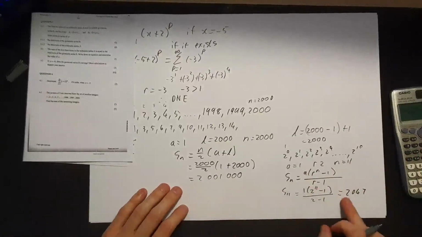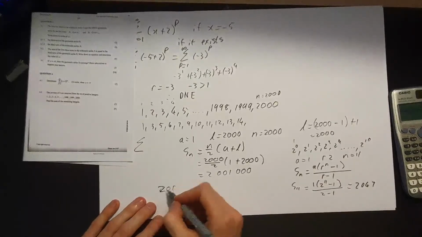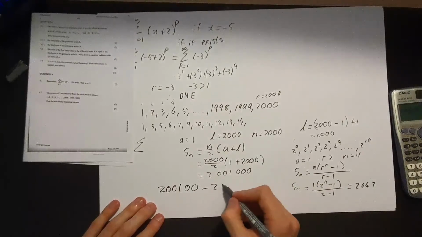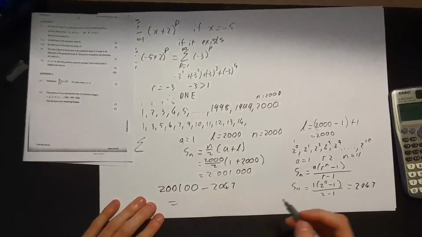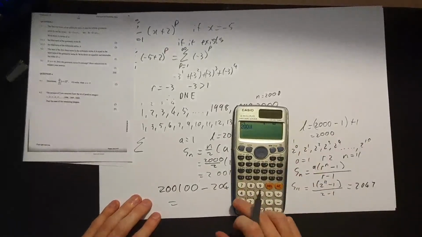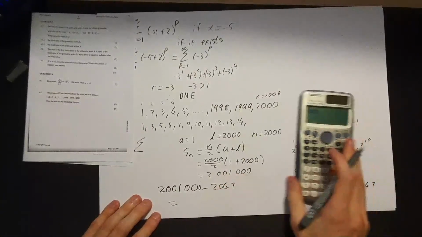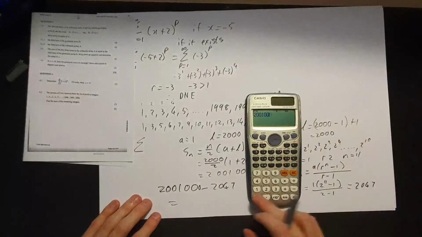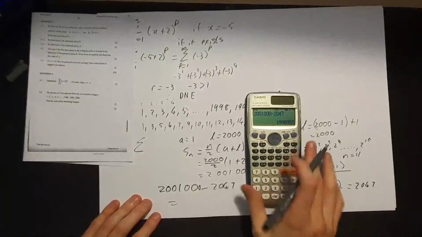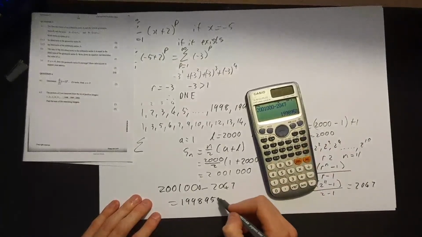Now in order to find the sum, all we have to do is take the sum of everything minus the sum of the powers. So it's just going to be 2,001,000 minus 2047. Plug that into our calculator, and that's going to give you that large number of 1,998,953.